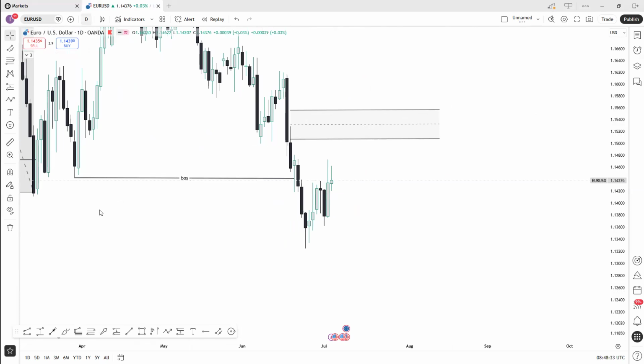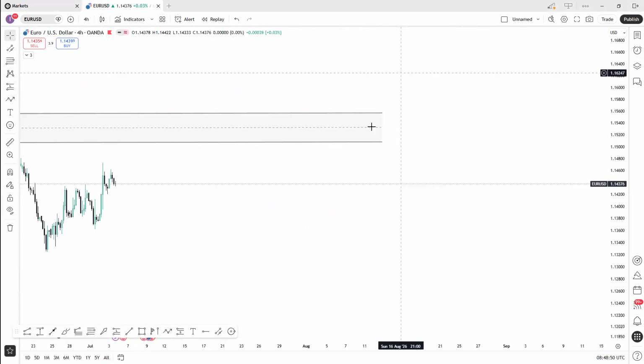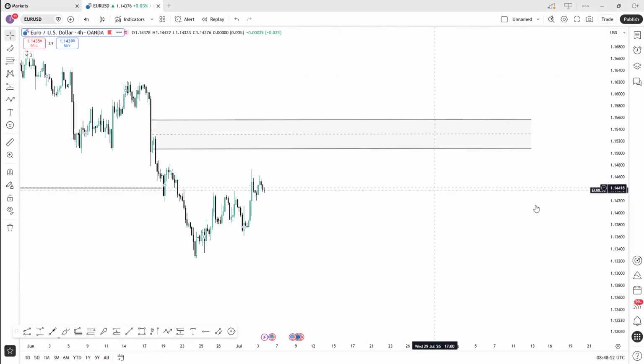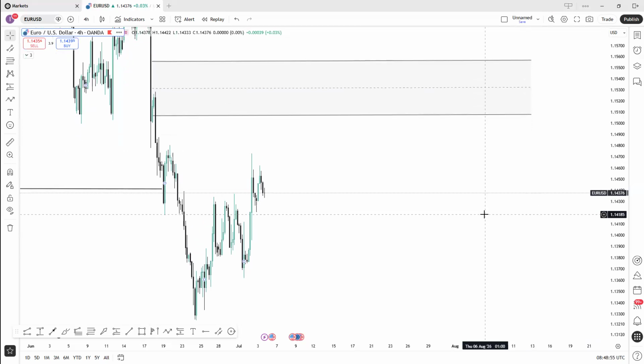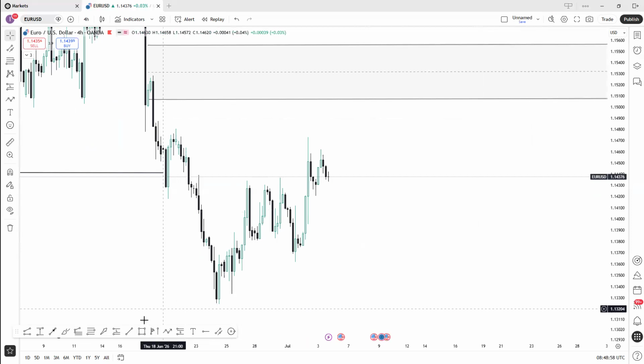Okay. So when we shift to the 4-hour time frame, on the 4H time frame of this structure, this kind of market structure, very, very good market structure.